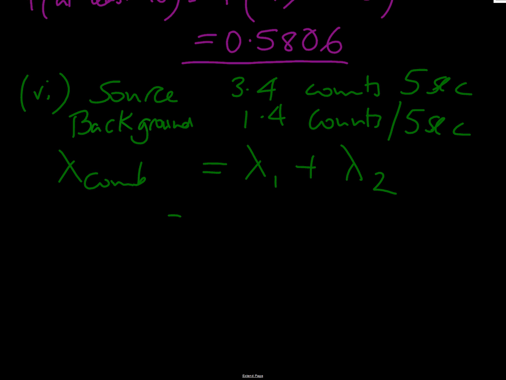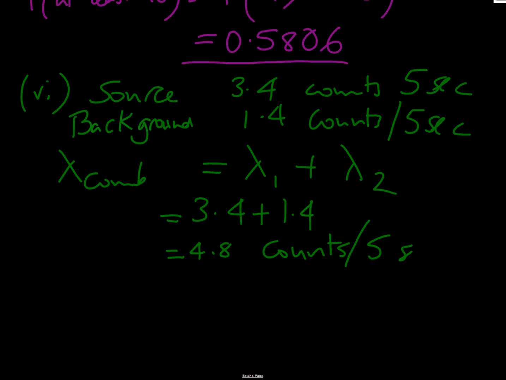So our combined mean is just 3.4 plus 1.4, which is 4.8, which is as we'd expect, really intuitively, isn't it? If we're getting 3.4 counts from the source, and 1.4 counts on average from the background, then overall we're getting 4.8 counts per 5 seconds, and that's going to be our new combined lambda.